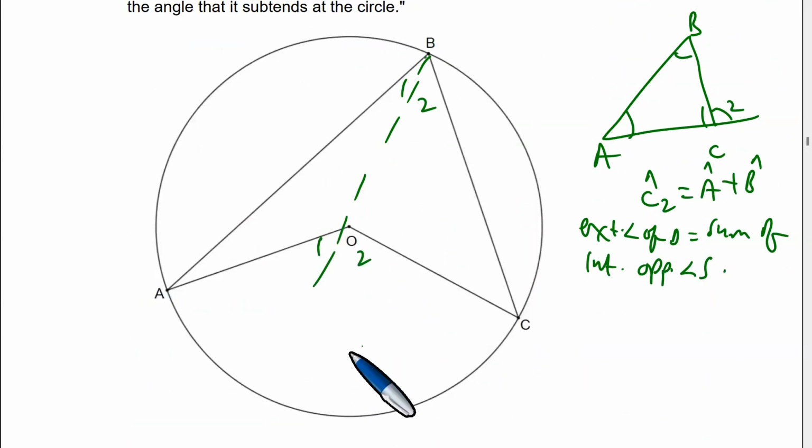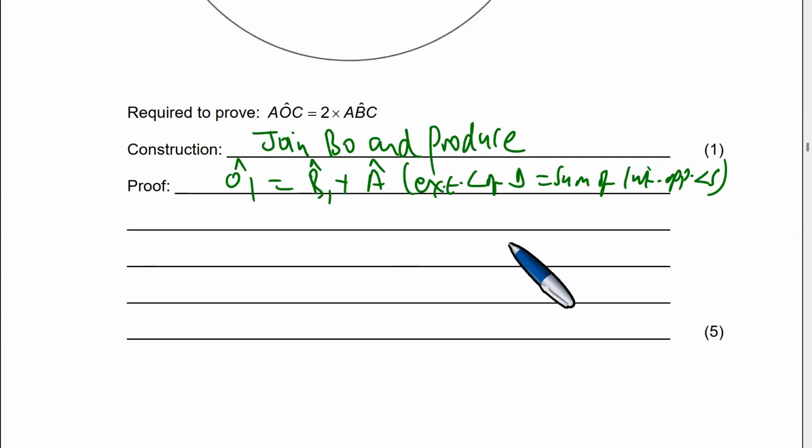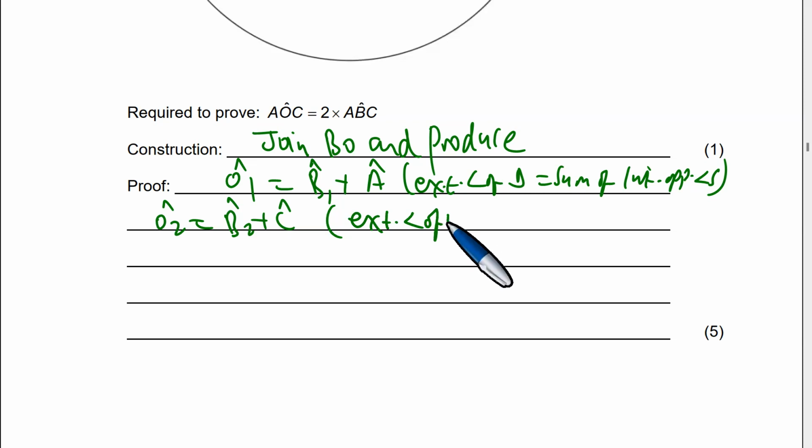O2 is B2 plus C. So angle O2 is equal to B2 plus C. Why? Same reason: exterior angle of a triangle is the sum of interior opposite angles.